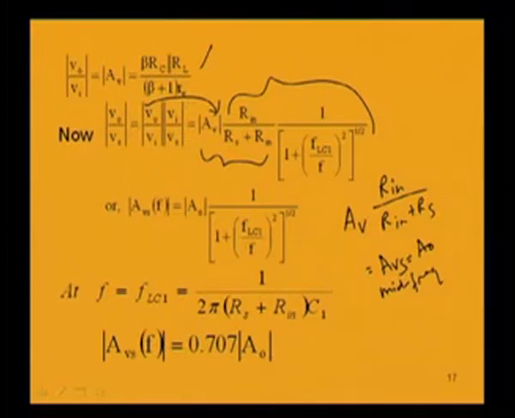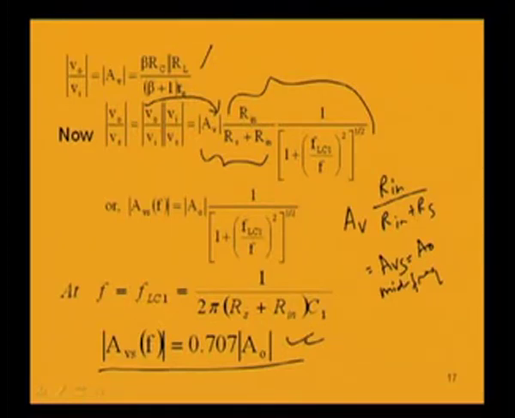Now, at frequency FLC1, when this F is equal to FLC1, this part becomes root 2. So, overall voltage gain AVSF is equal to 0.707 A naught, and that is the lower cutoff frequency FLC1 at which this happens.